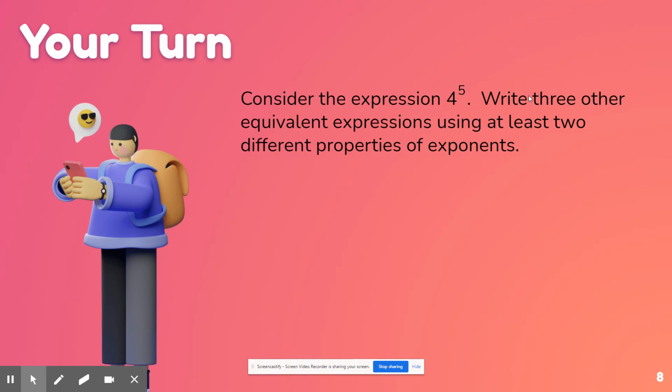Consider the expression 4 to the 5th. Write 3 other equivalent expressions using at least 2 different properties. So what this is really asking you to do is you have 4 to the 2nd times 4 to the 3rd. So that's one way to do it. You could do 4 to the 1st with the 5 here. That would also work.